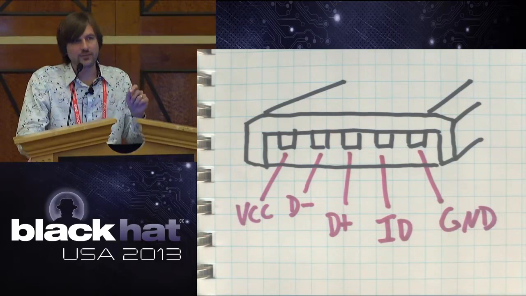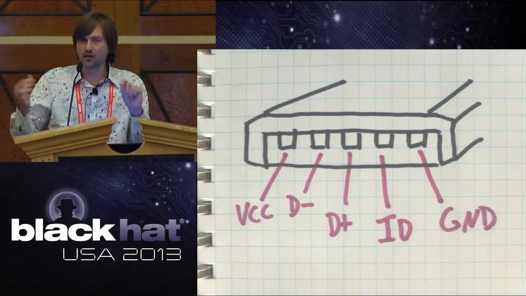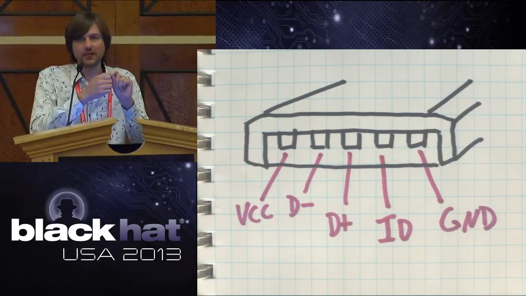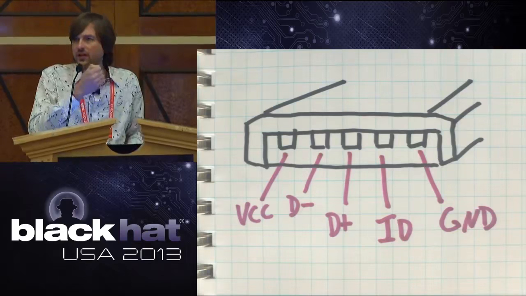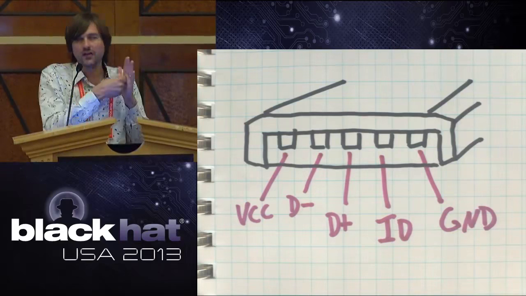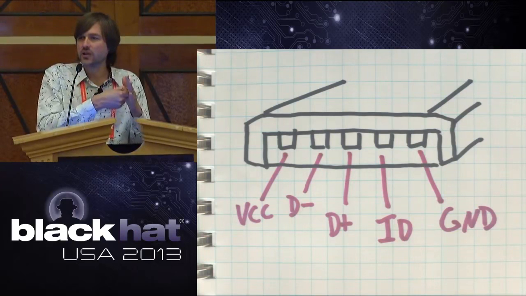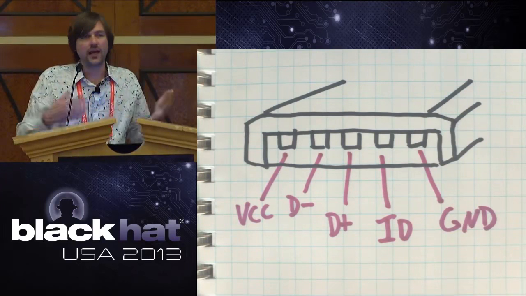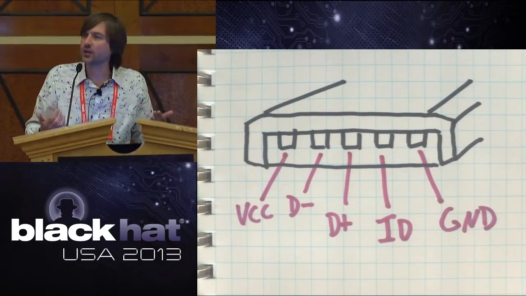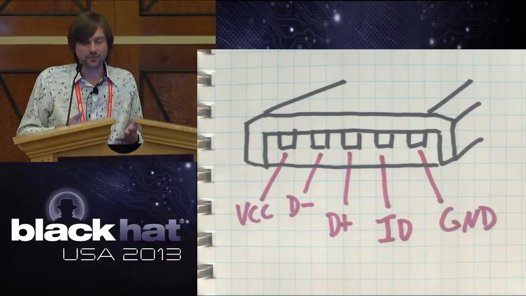If you're making a cable, you connect the ID pin to ground if you want that cable to tell the device you're plugging it into to switch into host mode. Or you leave the ID pin unconnected and plug that in, and the device assumes that it's in device mode. And that's the crudest form of accessory detection.